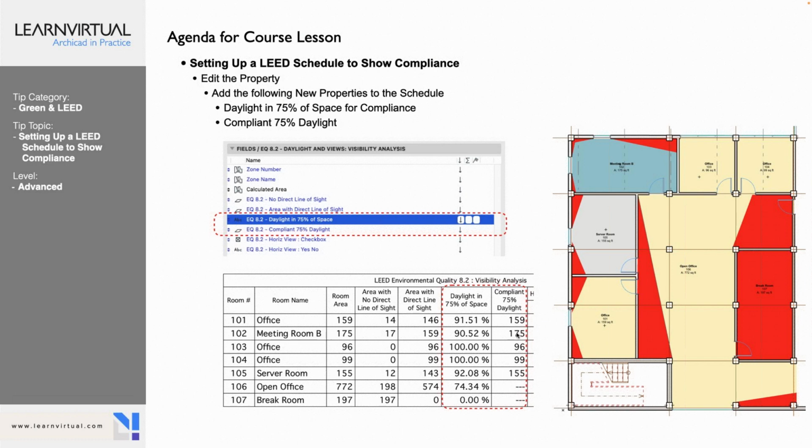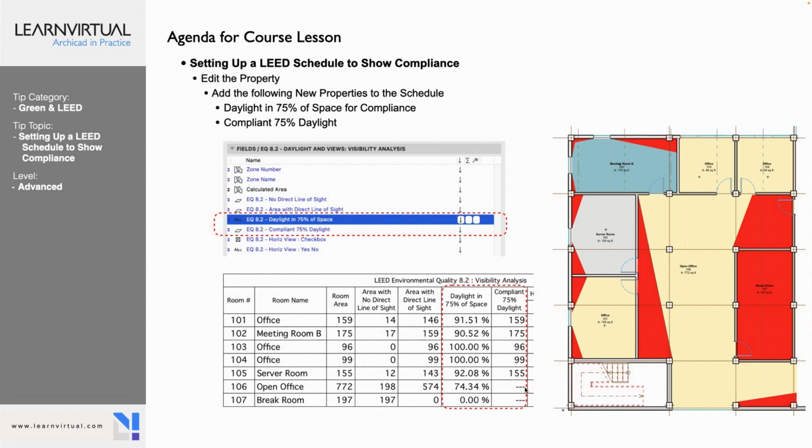Here, if the calculated area is 75% or greater, as these are right here, then it's going to show the actual amount that it's at compliance. Therefore, it can use that as a square footage as part of our total.